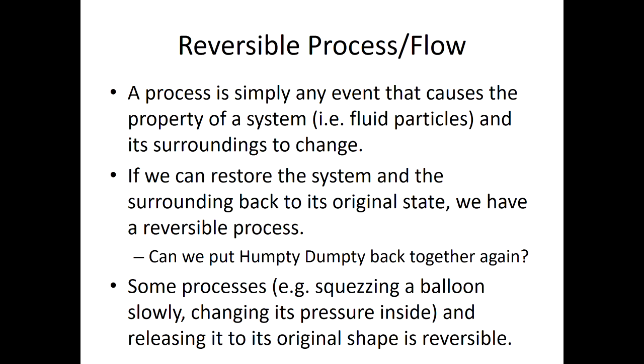Density, pressure, velocity, everything changes because of the disturbances caused by the airfoil. But by the time the molecule reaches the downstream boundary, it has gone back to its original state. When it happens, you have a reversible process. That means you have returned the system back to its original place, and you have everything back to normal. Humpty Dumpty has been put together again at the far downstream boundary.